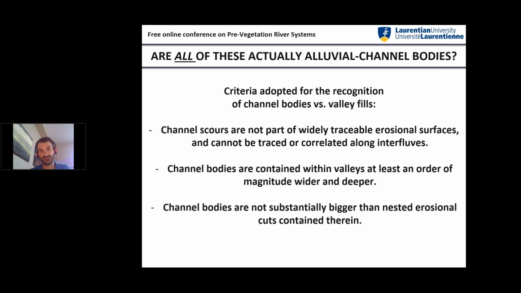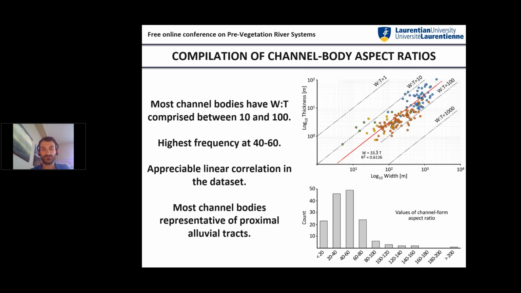Once restored to the local paleoflow, this entire database of 156 channels was plotted in a logarithmic space of width versus thickness. And we can observe a fairly linear correlation within the database. We can observe that most of the data points fall within a width-thickness ratio of 10 to 100, with highest frequency around the 40-60 interval.